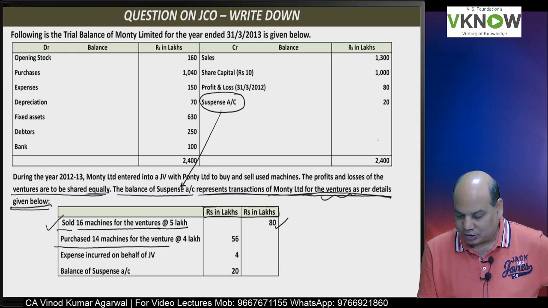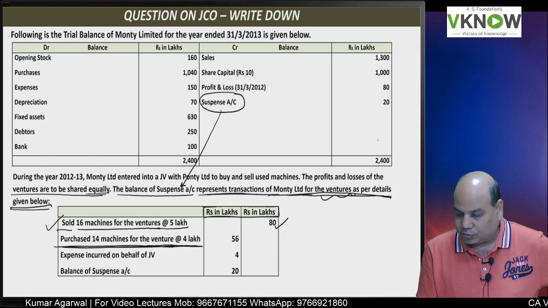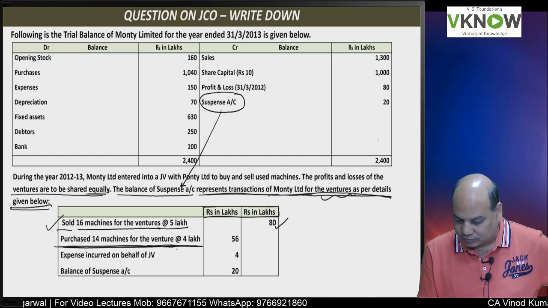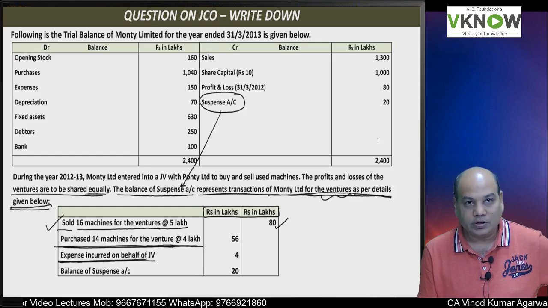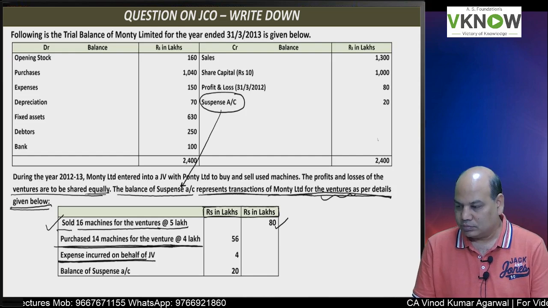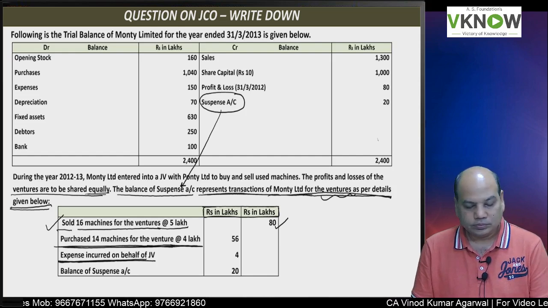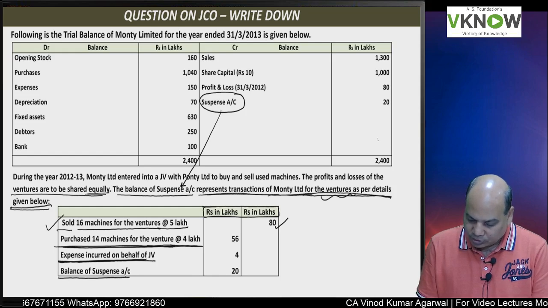Purchased 14 machines for the venture at rupees 4 lakh. 56 lakh, 14 into 4. Expense incurred on behalf of JV 4 lakh.